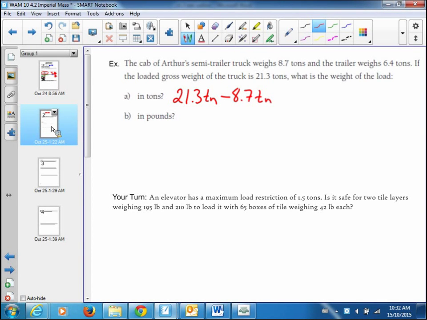We've got to take off the weight of the trailer. Then we can find out what they actually loaded onto it. Right? So using a calculator.